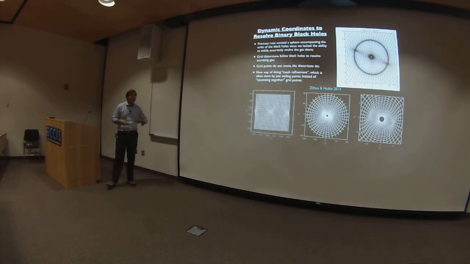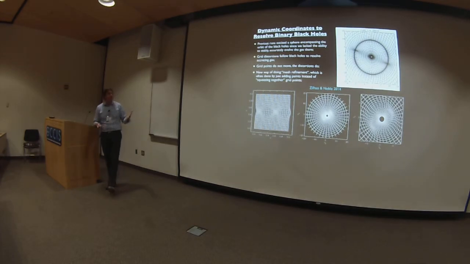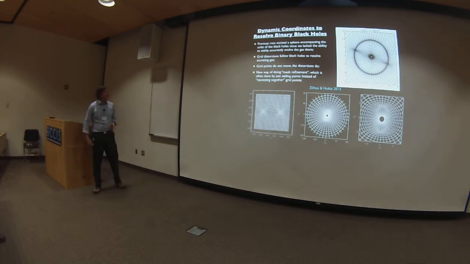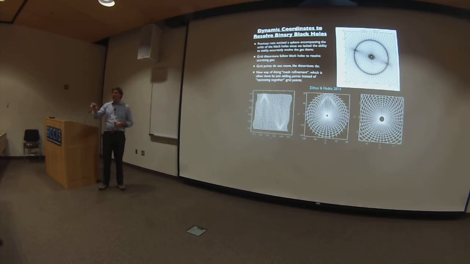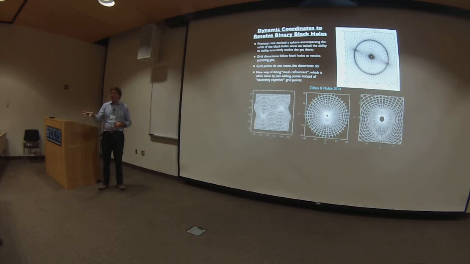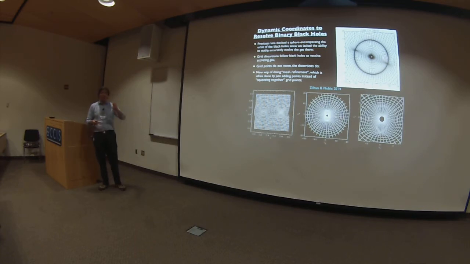So I mentioned before, we pursued different coordinate systems. One coordinate system that we were interested in is something that could resolve the plasma accurately near black holes. Spherical grids are not applicable to binary black holes, because you need a lot of cells near each black hole.